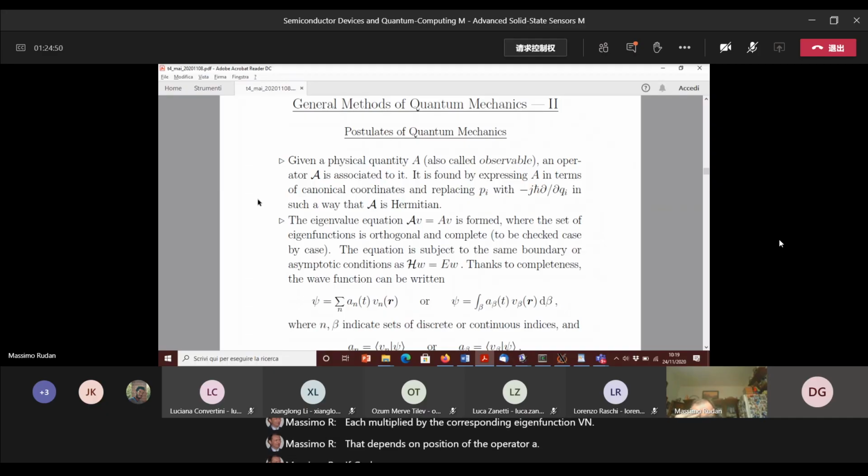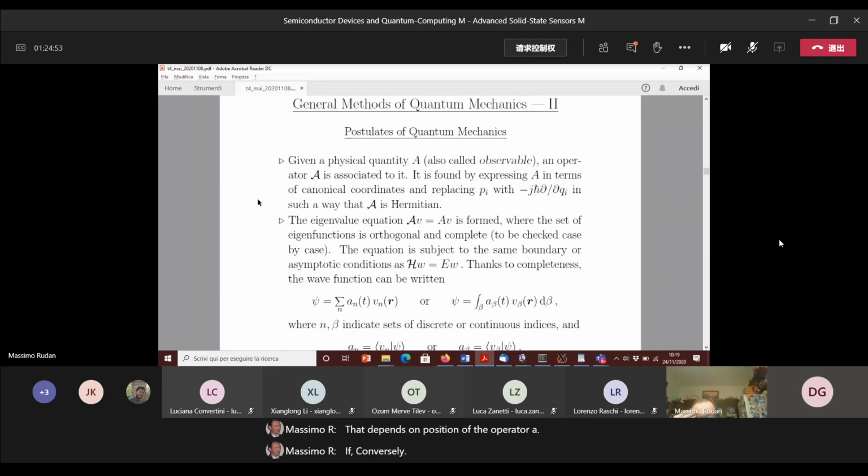If conversely, the eigenvalue equation provides a continuous set of eigenvalues depending on some parameter beta, then the expansion of the wave function in terms of the eigenfunctions will be an integral over beta, in which the coefficients are some A beta that depend on time times the eigenfunctions V that depends on position with parameter beta.